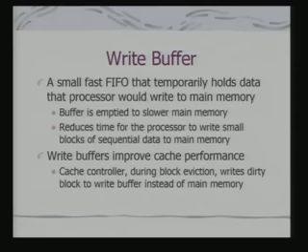The processor is not suffering, because while this write back from a dirty block of cache to main memory is taking place, the processor has to wait when there is a miss and the miss requires a block eviction. If I can use a write buffer which is a fast memory, then that eviction will take place fast.